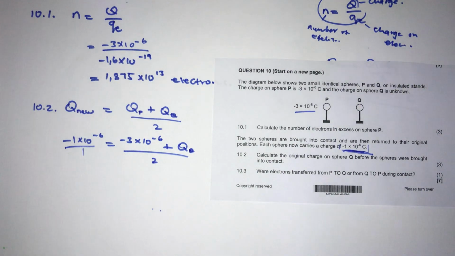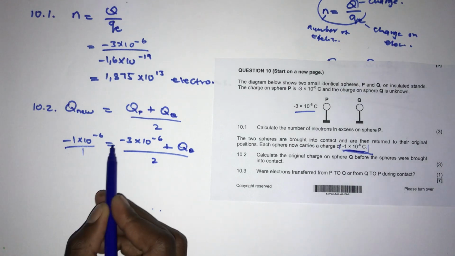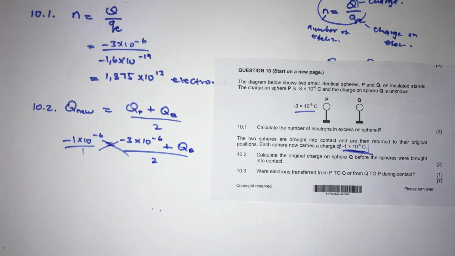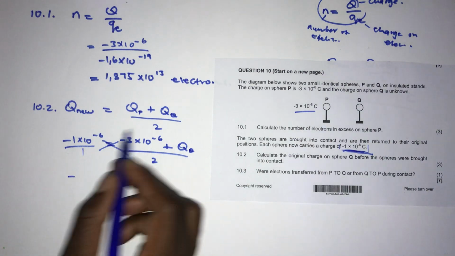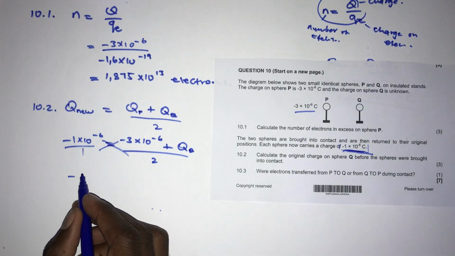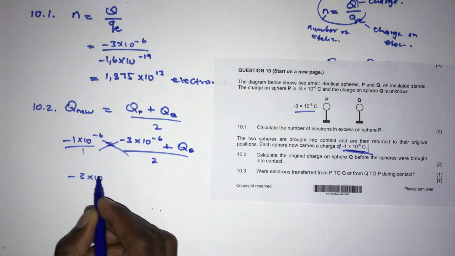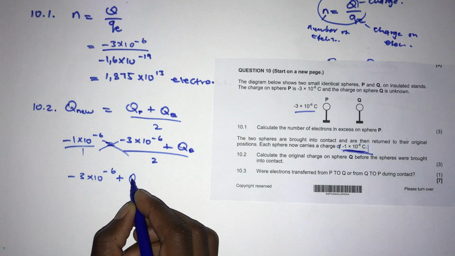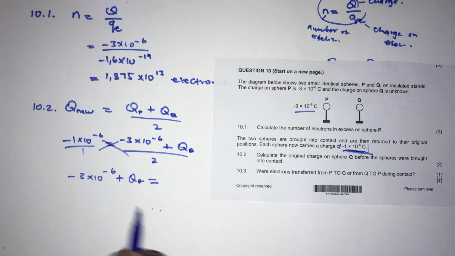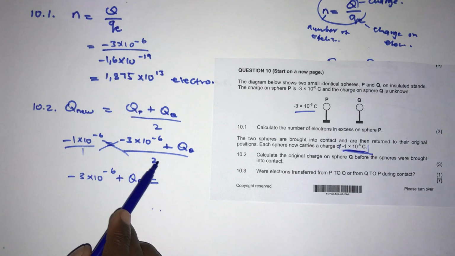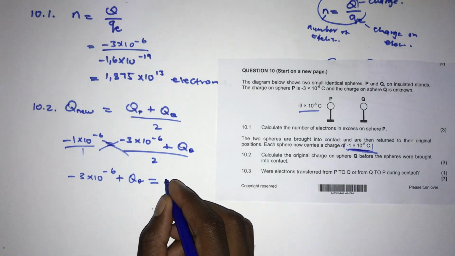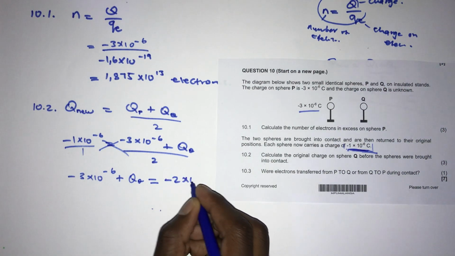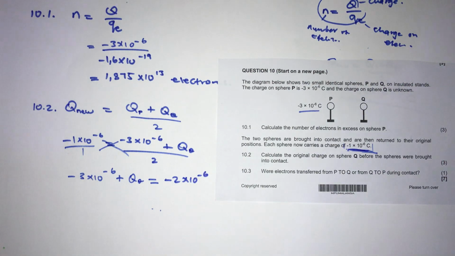This one is over 1, then the equal sign means we can cross multiply. On this side, -3 times 10 to the -6 plus the charge on Q equals -1 times 10 to the -6 times 2, which gives us -2 times 10 to the -6.